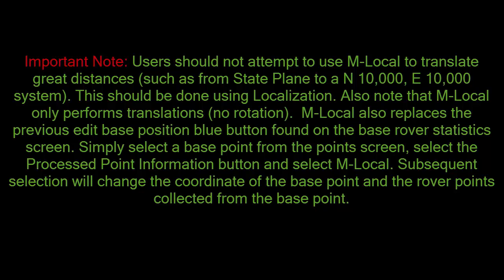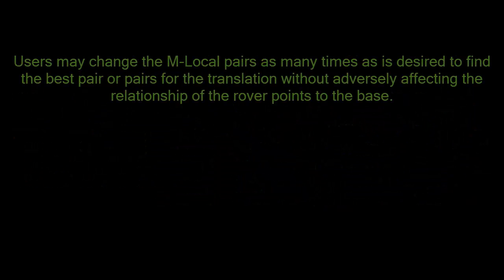And that point would then translate, and all rover points from it would also translate. Users can change the mlocal pairs as many times as is desired to find the best pair or pairs of points. And those changes can be made, and the rover points will be shifted every time.